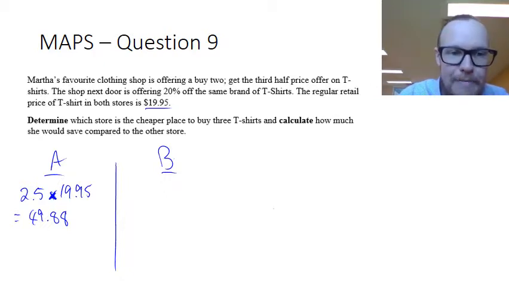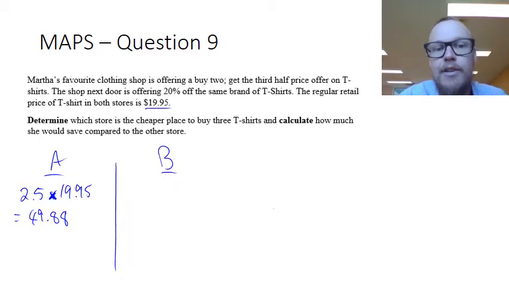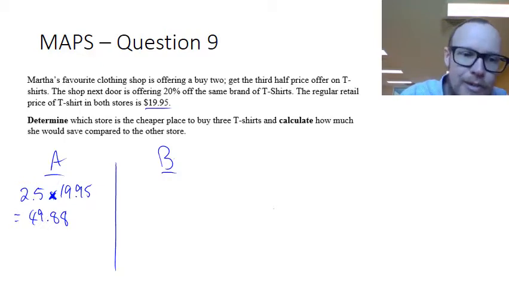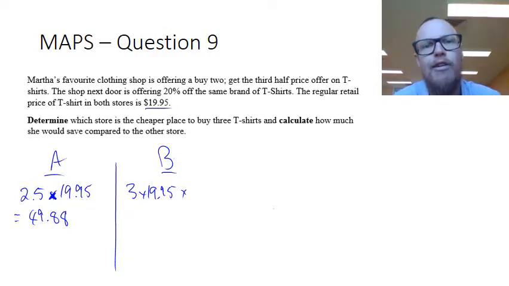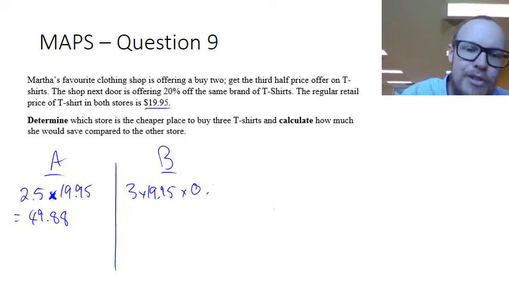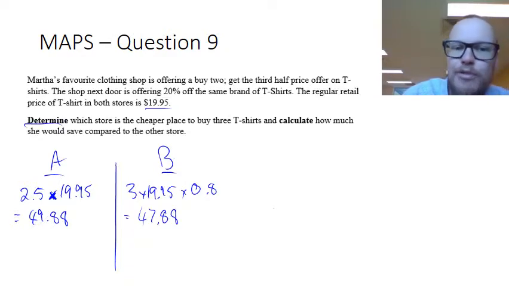For store B, for 3 shirts, it says 20% off, so we need to buy 3 full price shirts. To show that we're taking 20% off, we're paying 80% of that whole amount, so times 0.8. This is going to be 47.88. Then we can make a conclusion because we're asked to determine which store is the cheaper place to buy 3 shirts and calculate how much she would save.